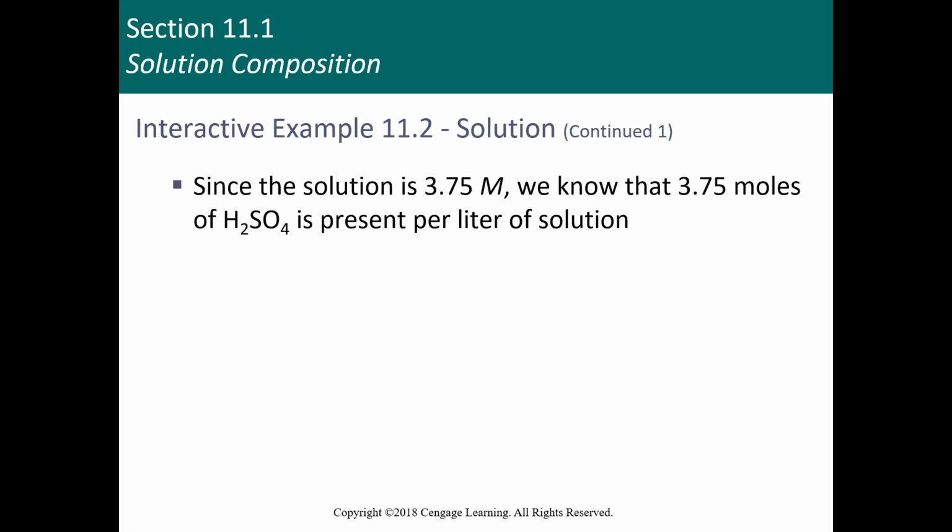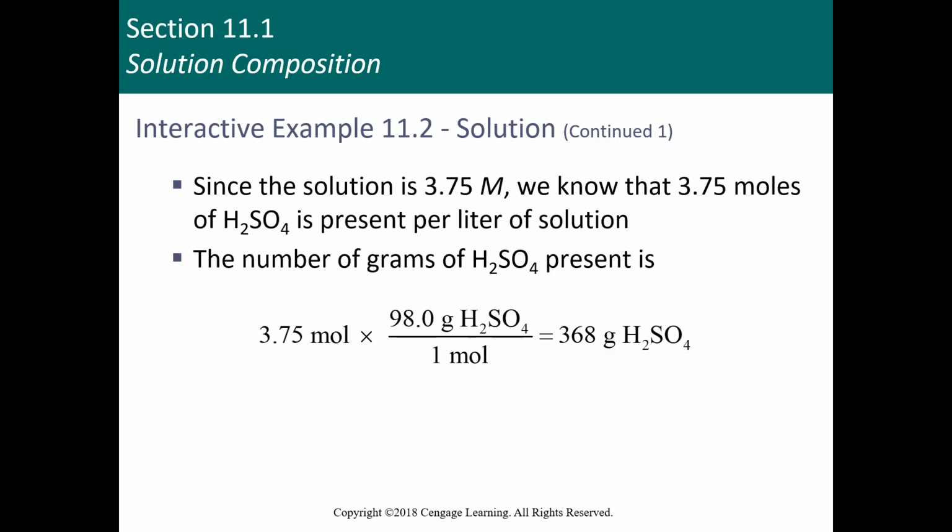So we have 3.75 molarity. That means that there are 3.75 moles for 1 liter of the solution. So if you have a liter of this solution of sulfuric acid, then you will have 3.75 moles of the H2SO4. The number of grams of H2SO4 present would be, well, we again have moles.